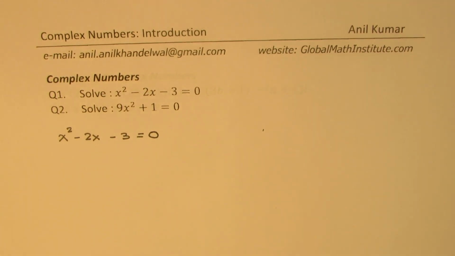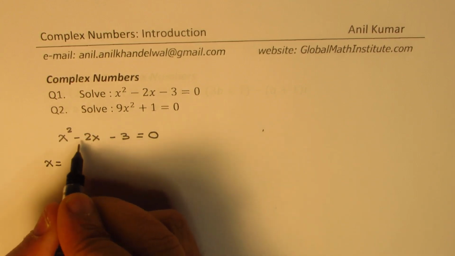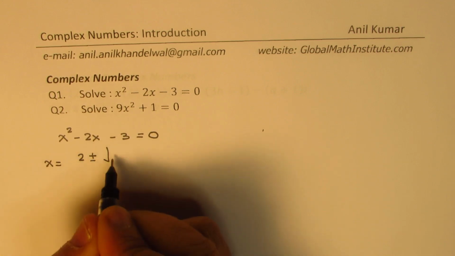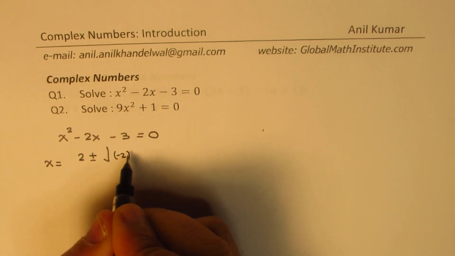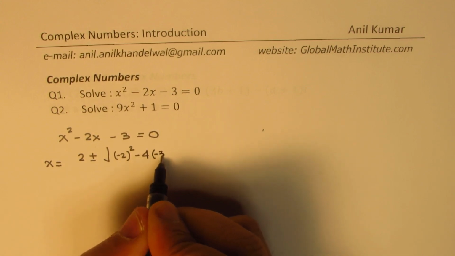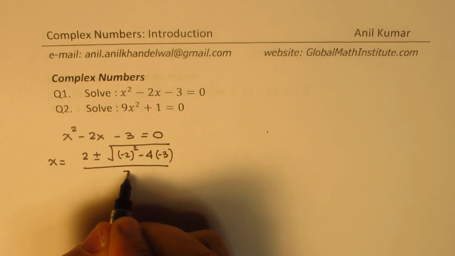Now this equation can be solved in many different ways, but we'll use the quadratic formula, right? So we say x is equal to minus b, which is 2, plus minus the square root of b squared, which is minus 2 squared, minus 4ac, so 4 times minus 3, all divided by 2.